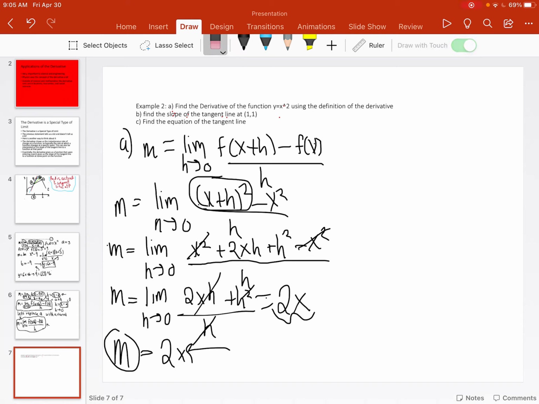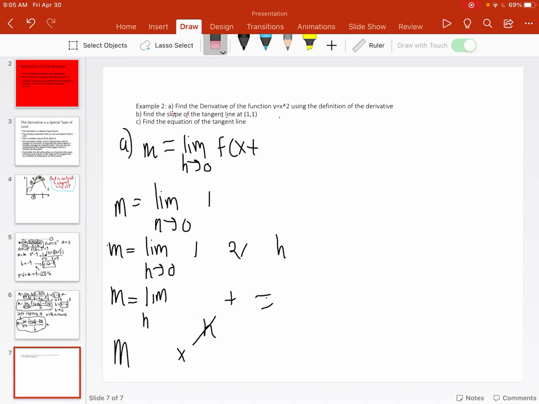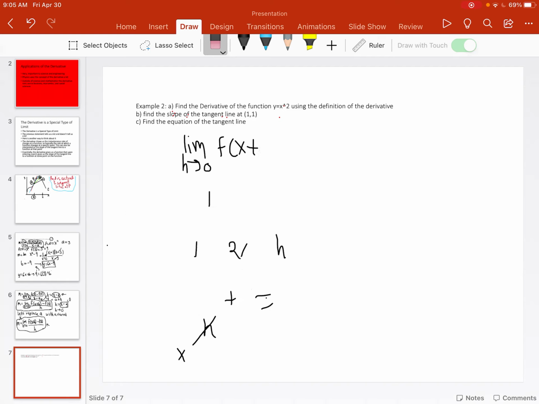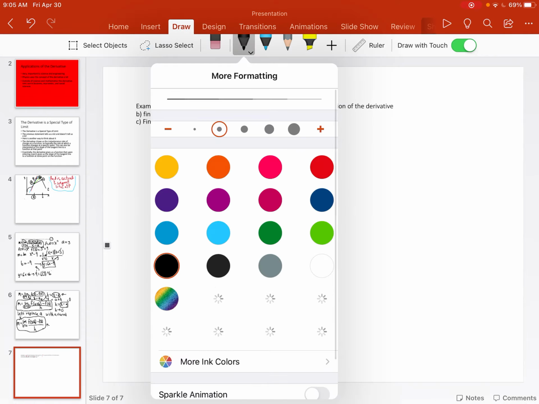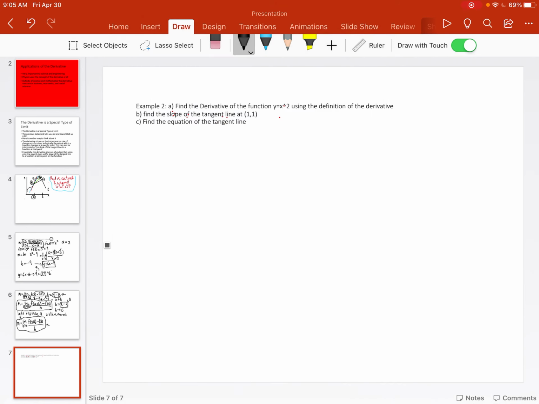So that takes us into the next part. Find the slope of the tangent line at the point (1, 1). I'm going to do some erasing, so take this down. So let's go into part B. Well, we found our slope of our tangent line to be equal to 2x.